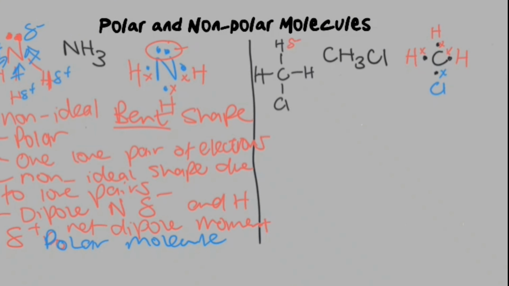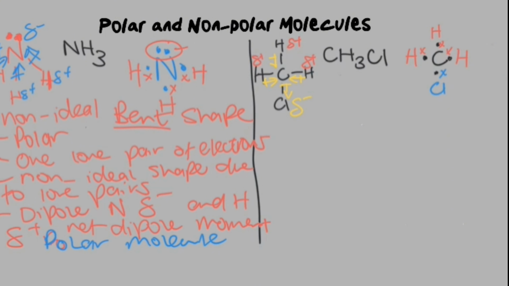Now obviously that would be slightly positive, slightly positive, slightly positive. But here, slightly negative. Because what would happen is that the chlorine will have a stronger pull on the shared pair because the chlorine is more electronegative.